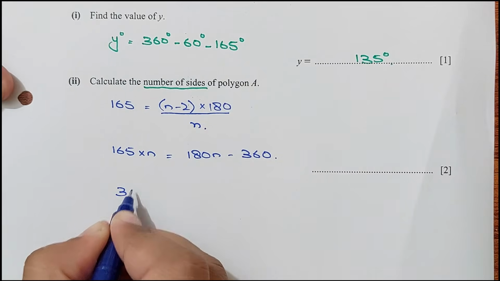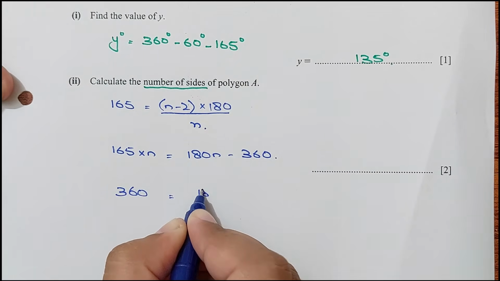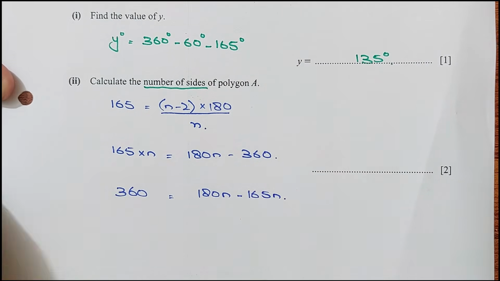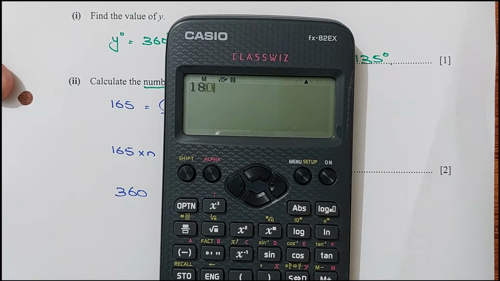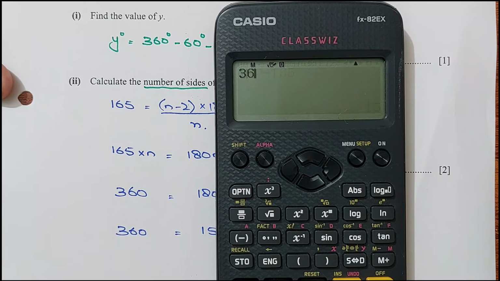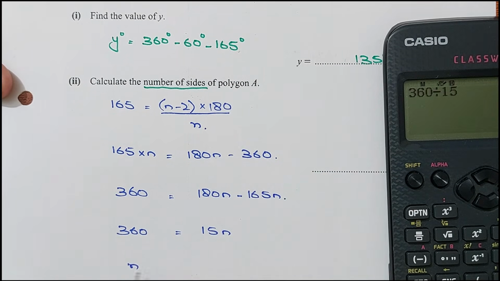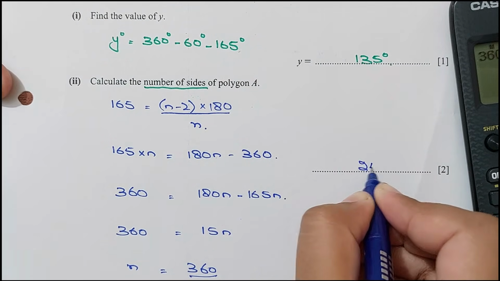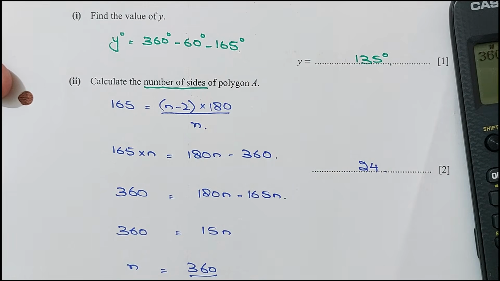Shifting 360 here becomes positive, and 180n minus 165n gives 180 minus 165, which is 15. So 360 equals 15n. So n equals 360 divided by 15, which is 24. So the number of sides of this regular polygon is 24.